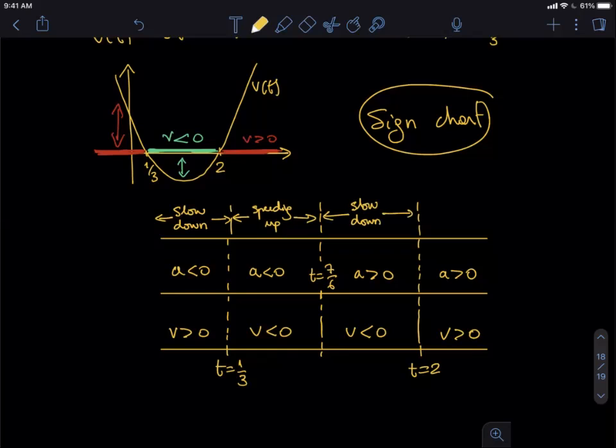And then finally, a positive, v positive after t equal 2. So this means speeding up. Okay, so this is how we find out using the sign chart.